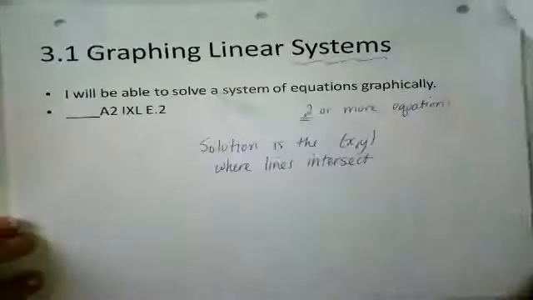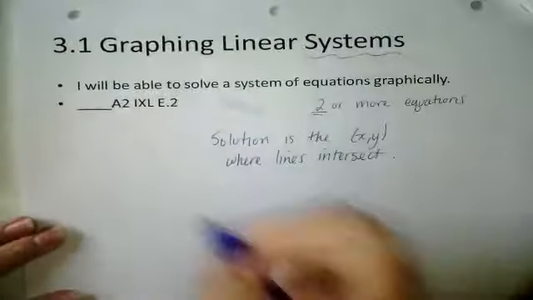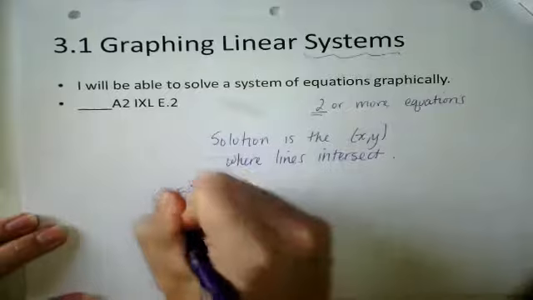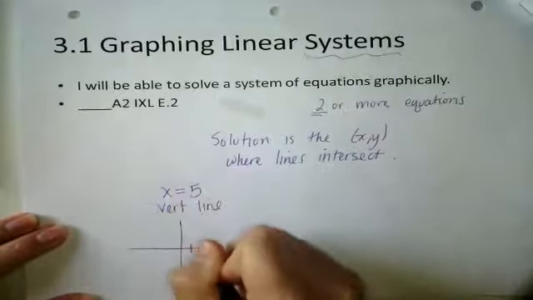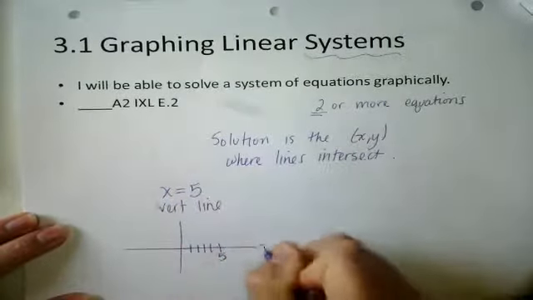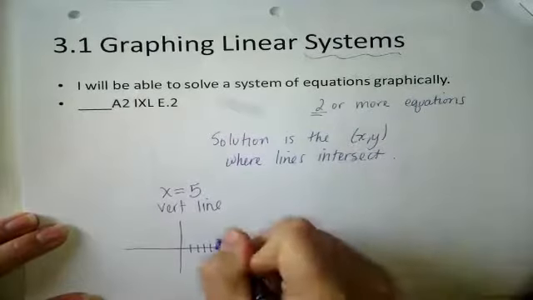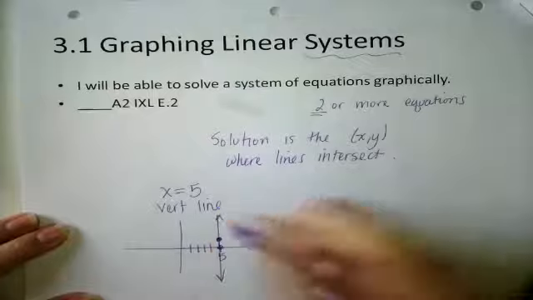And just really fast before we finish up, I want to remind you that the line x equals 5 is a vertical line. Okay, so if we had to graph that, we would go to 5 on the x-axis, and you'd click a point, and then you'd click a point above it or below it, and that will get you a vertical line.